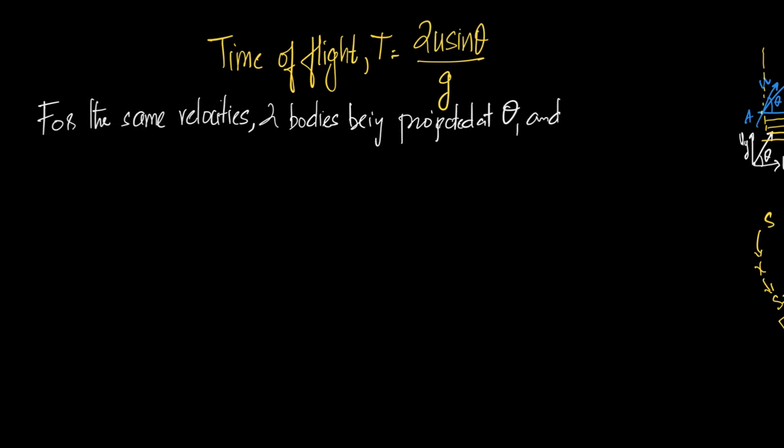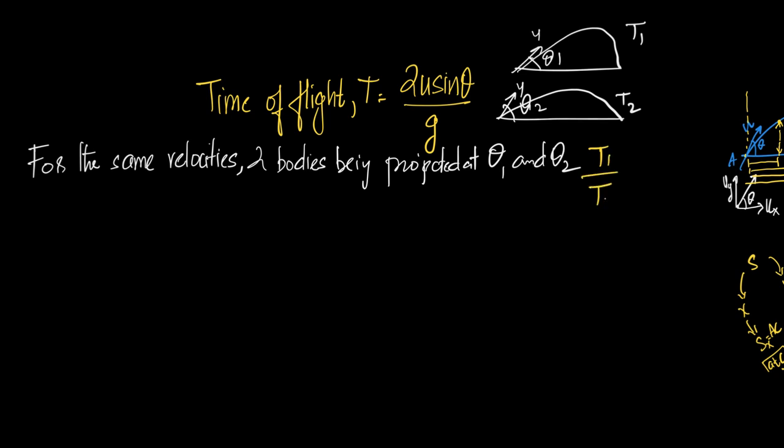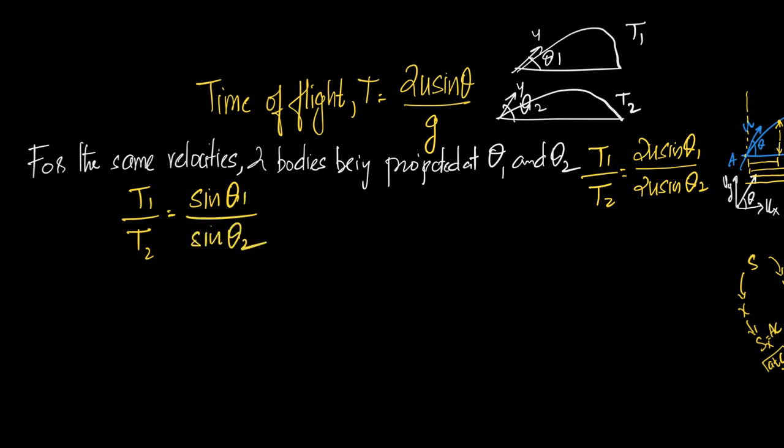different angles, theta 1 and theta 2, means if we have an object projected at u at angle theta 1, another object projected at the same velocity but a different angle theta 2, if this is time of flight T1 and this is time of flight T2, then what we can say is T1 by T2 would be equal to 2u sine theta 1 by 2u sine theta 2, or in short, T1 by T2 will be equal to sine theta 1 by sine theta 2.